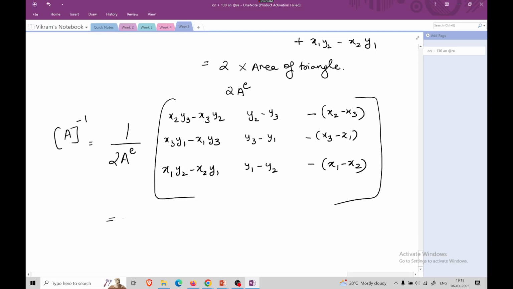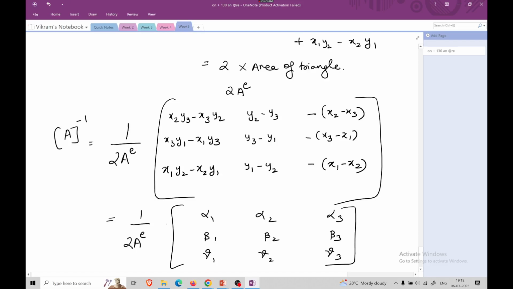So I can express this as 1 by 2Δ times alpha 1, alpha 2, alpha 3, beta 1, beta 2, beta 3, gamma 1, gamma 2, gamma 3. So this is my A inverse.